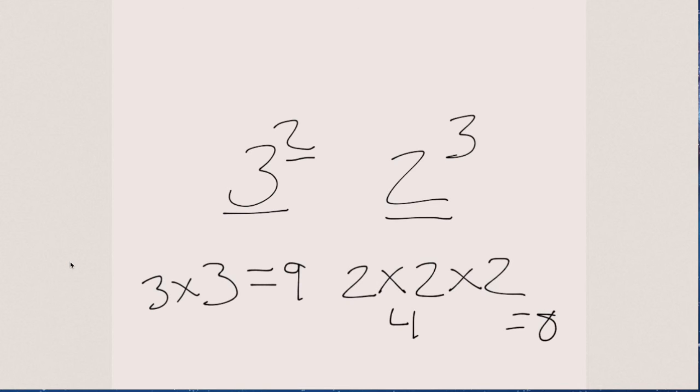If this were to go to 2 to the 4th power, it would actually be bigger because 8 times 2 would get us 16. So, be careful when you're comparing two powers. Don't just look at the base. Actually solve for the value to see which one is larger and which one is smaller.